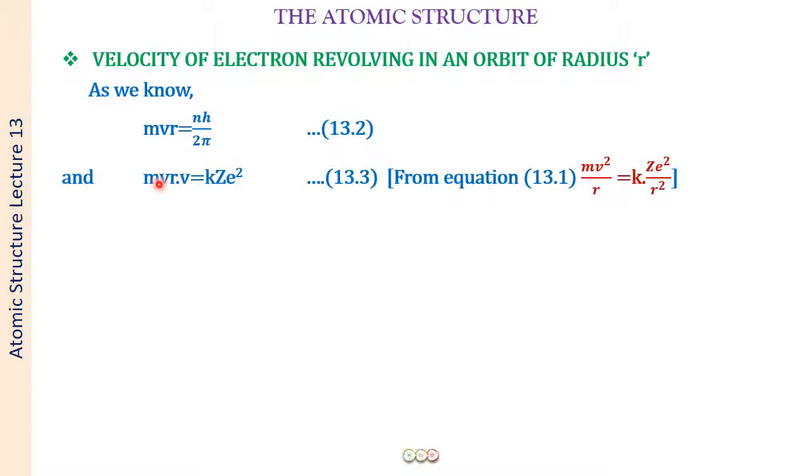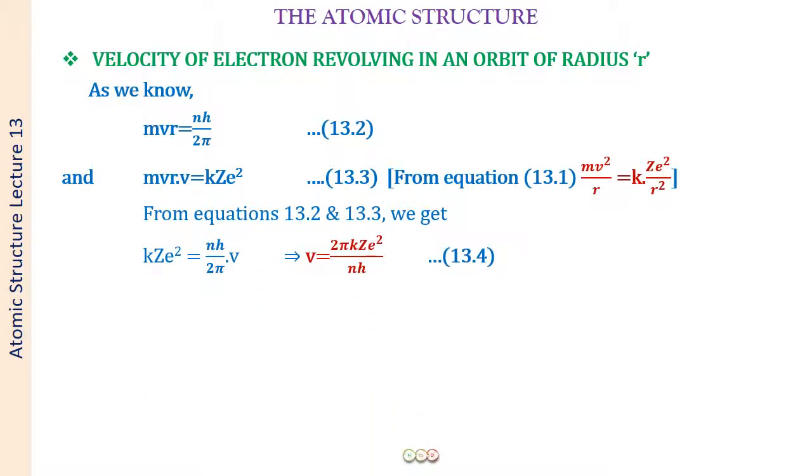So we can substitute the value of mvr by nh over 2 pi. So what we get from these equations is that kze square is equal to nh over 2 pi into v. Or we can say that v, the velocity of the electron, is 2 pi kze square over nh. Right? So this is the expression for the velocity of an electron in an orbit of radius r.